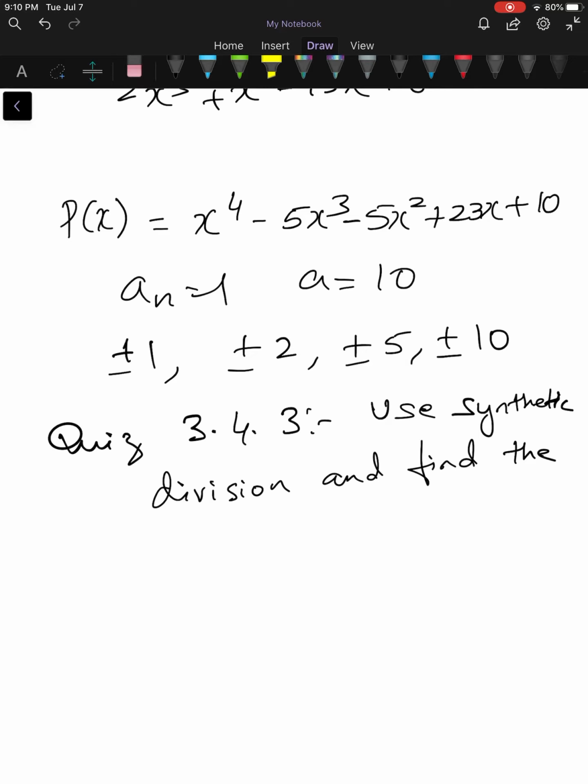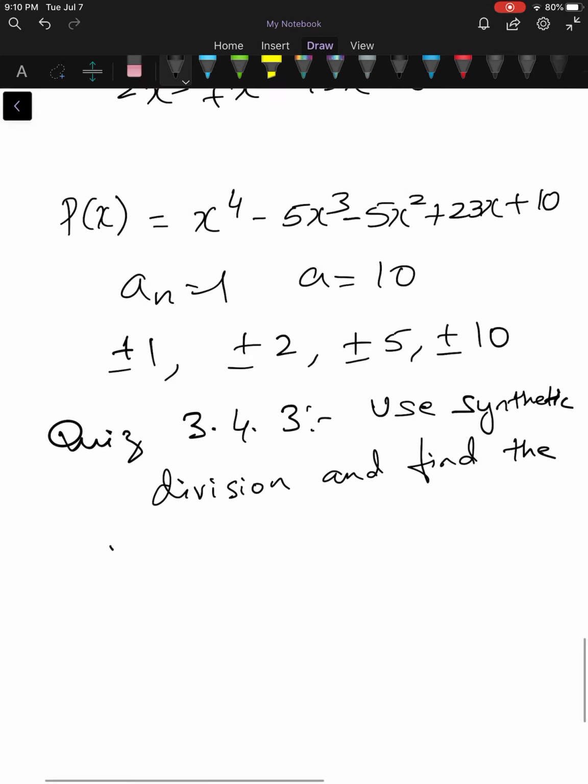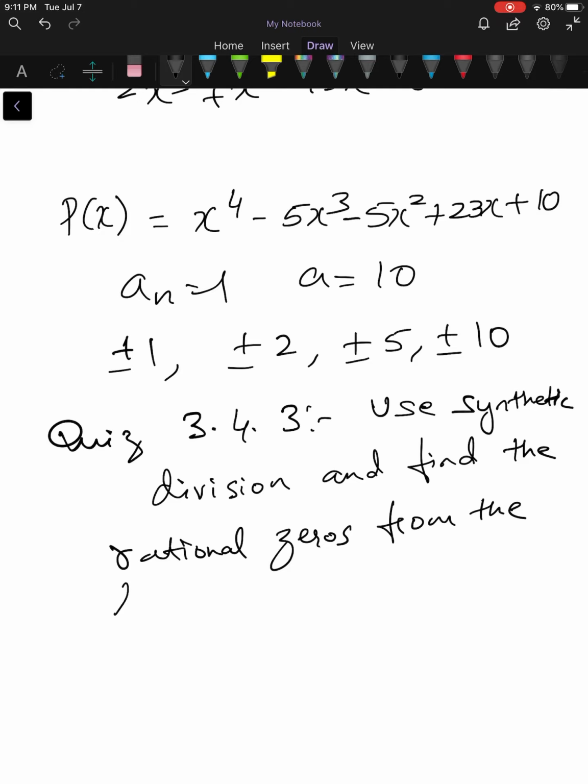So we are still dealing with rational zeros. Find the rational zeros from the list above. That is the same process that we did earlier.